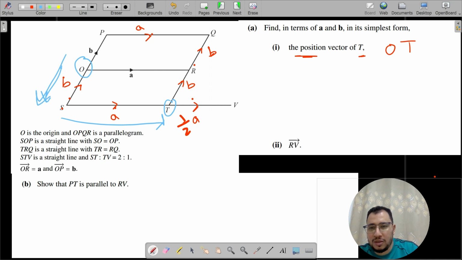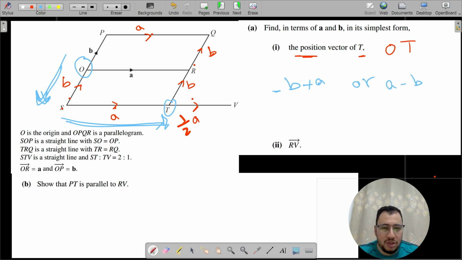Here, when we went in this direction, it is negative B, and then from here to there is positive A. Okay, you can write it negative B plus A, or you can write A minus B. Both are the same. Okay, let's go to question (ii) here.